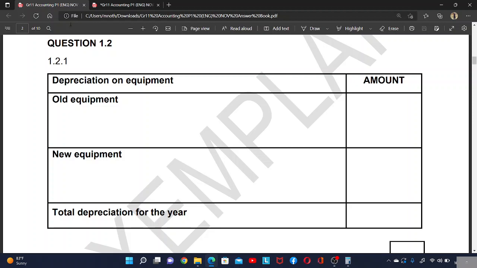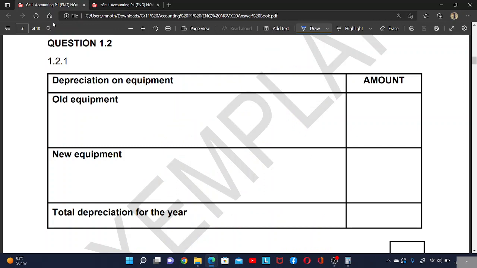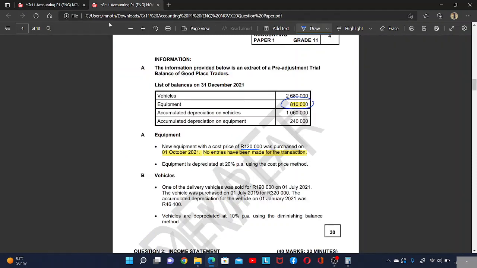We are told to calculate the depreciation on the old equipment. The old equipment obviously is this one, because the new one is 120,000. So the old one is 810,000 times. You are told that equipment is depreciated at 20% using the cost price method.